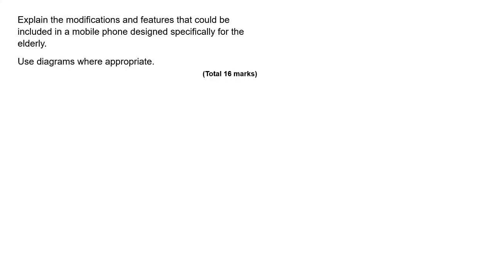Their sight might not be quite as good. They might not be as technically savvy, so they might not be as good with things like touchscreens, and might not be as confident with them. Their mobility in their fingers may not be as good. Their strength in their grip might not be as good. All those things are issues that you can consider. So 16 marks, pause the video, give yourself 16 minutes, and then we'll go through the answers.